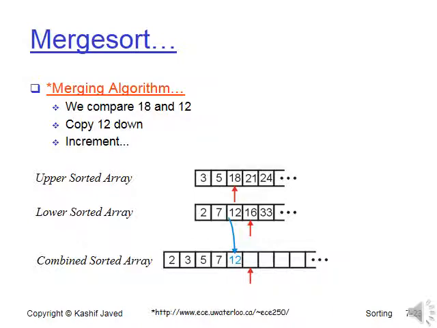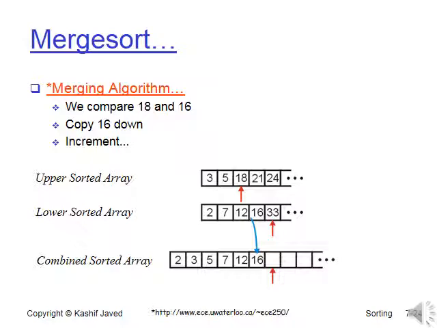This time we compare numbers 18 and 12. Again, 12 is less than 18. Therefore, we copy down 12 into the combined sorted array. Then we increment the indices of the upper and combined sorted arrays.